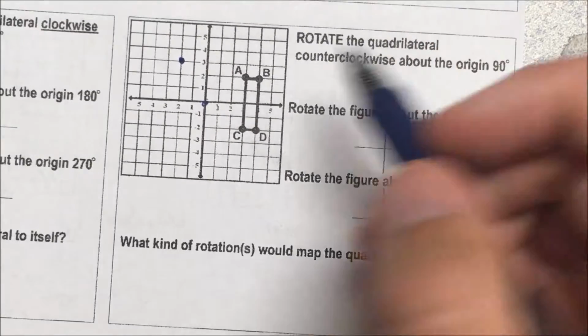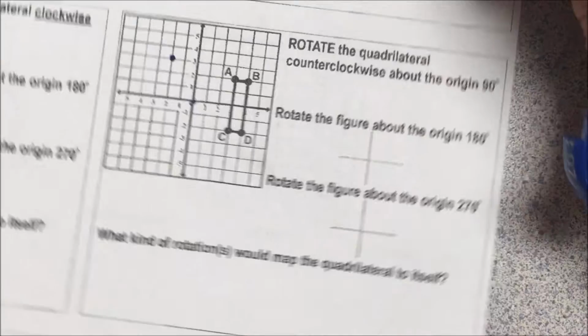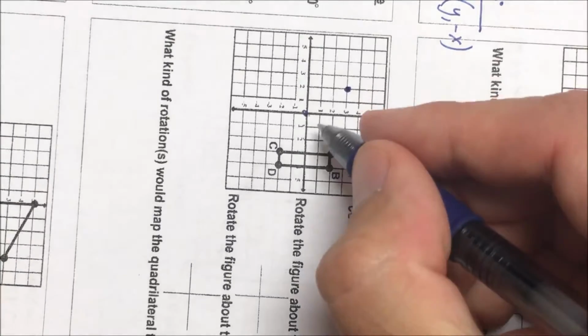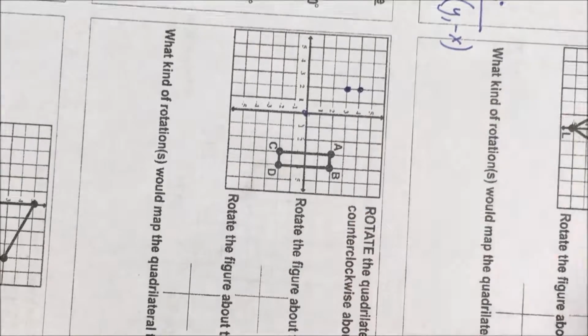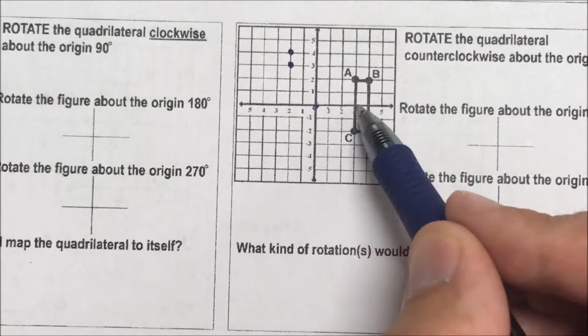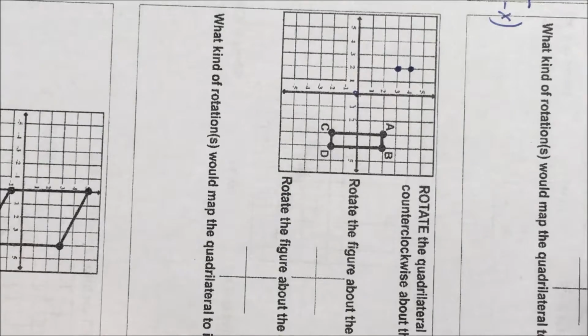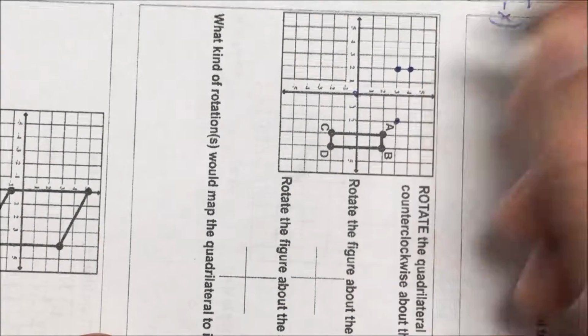B, I went to the right 1, 2, 3, 4, and up 2. So I'm going to turn my paper 90 degrees and go right 1, 2, 3, 4, and up 2. Like that. To get to C, I went to the right 3 and down 2. So I'm going to come over here and go to the right 1, 2, 3, and down 2 right there.